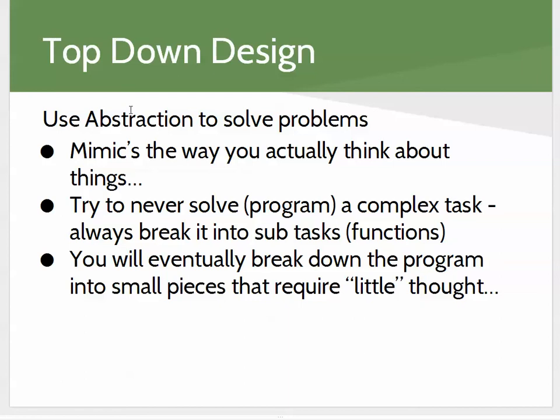My rule of thumb is never try to solve anything complex. Always take the complex task and break it into subtasks, functions. And you continue to do that with the subtasks until the individual functions get so small that it's not complex at all. It's fairly easy.